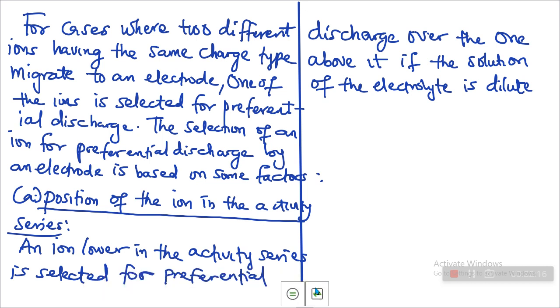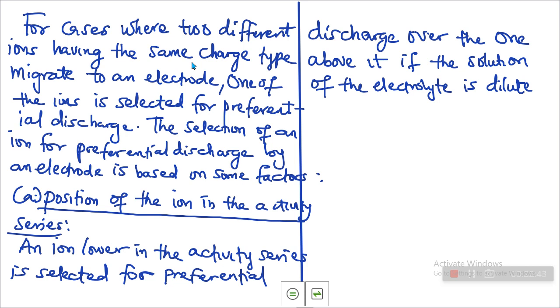Now, for cases where two different ions having the same charge type migrate to an electrode, one of them must be selected. For example, if you are working in an organization, one of you will be the senior, while the other may be the junior.